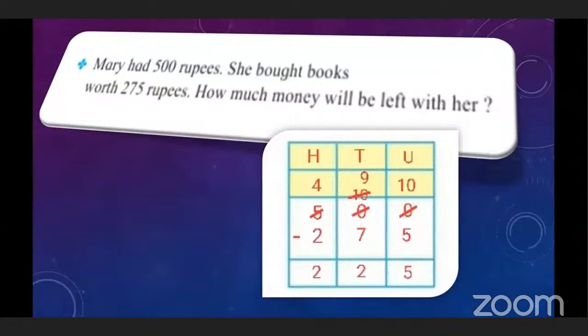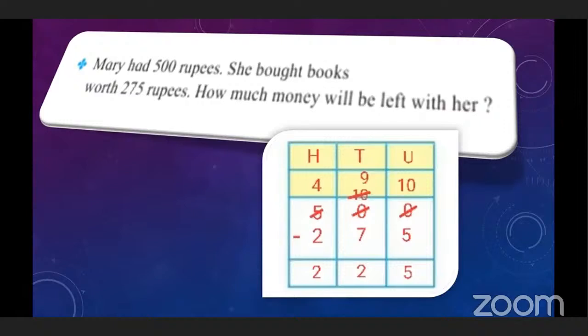She bought books of rupees 275. So here we have to subtract 275 from 500 because she had 500 rupees and she spent 275 rupees on books. Okay, let's do the subtraction here.